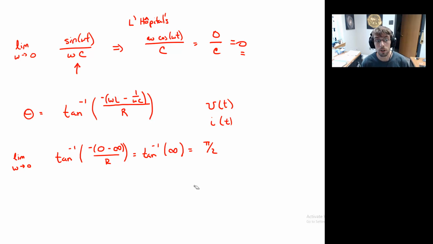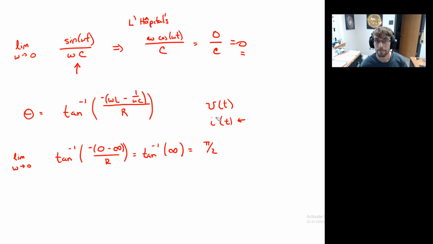So in other words, at low frequencies, I expect my current to be out of phase with my applied potential by pi over 2.